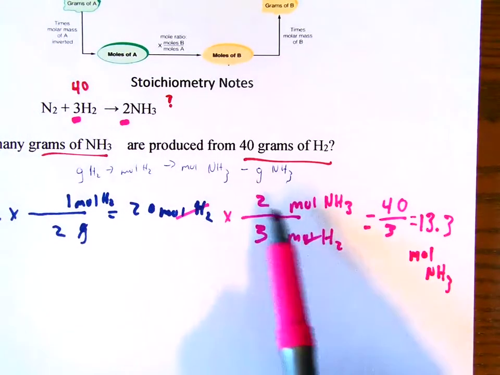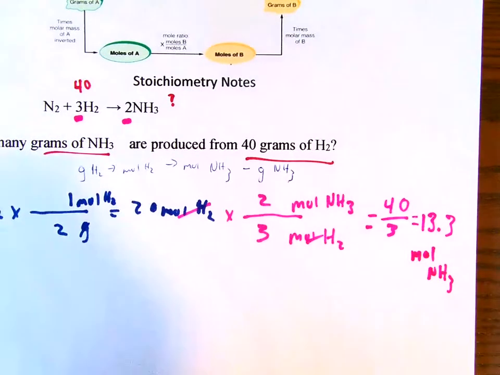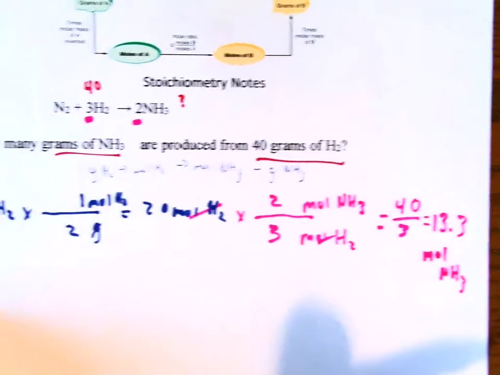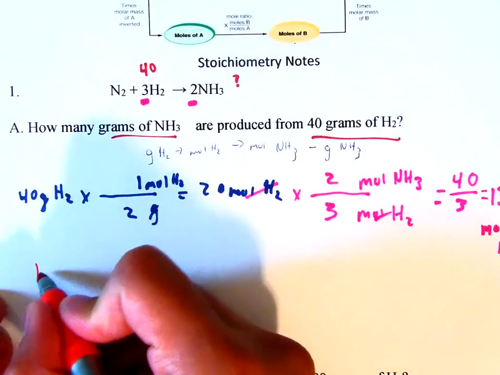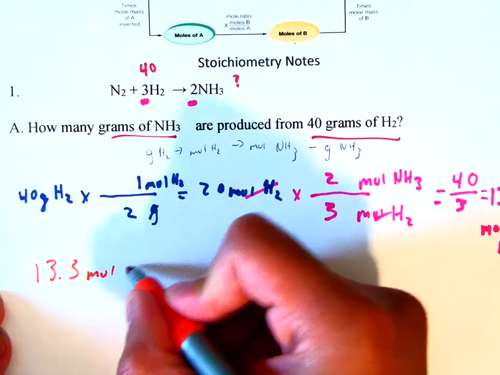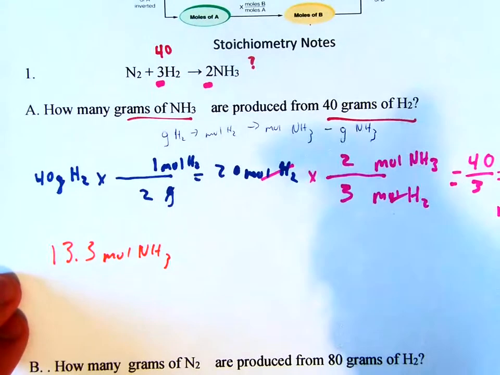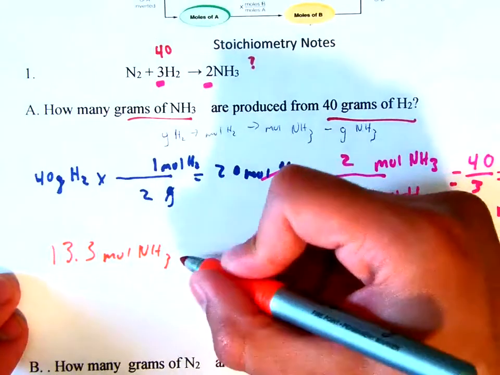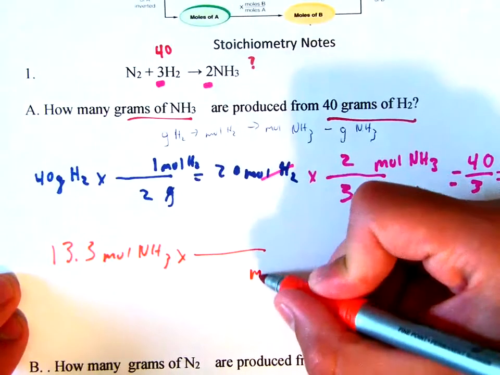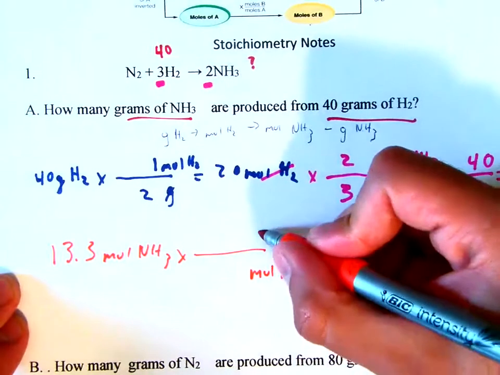So we just need one more conversion. We're here, and we need one more conversion to turn that into grams, which we've done before. So I'm going to rewrite that: 13.3 moles of NH3. Now we have to turn it into grams. We go moles of NH3 on the bottom, grams on top.